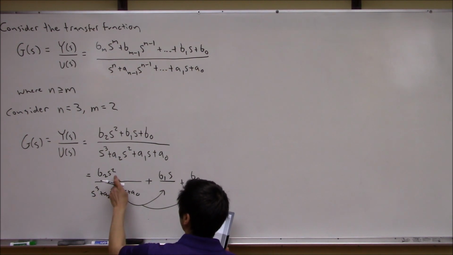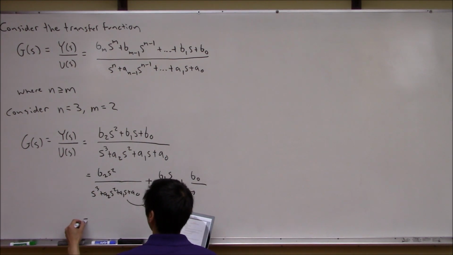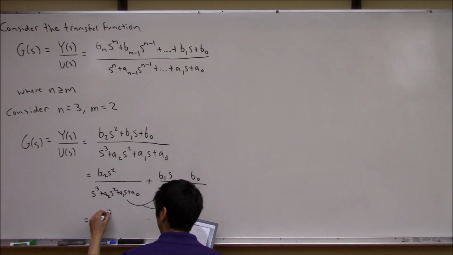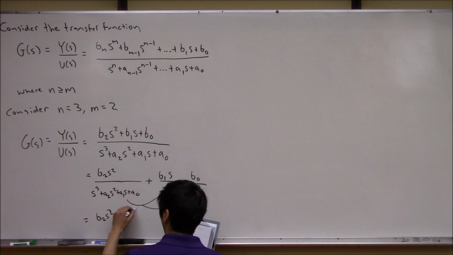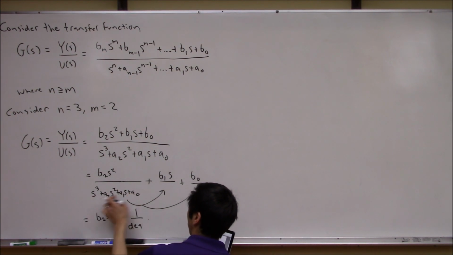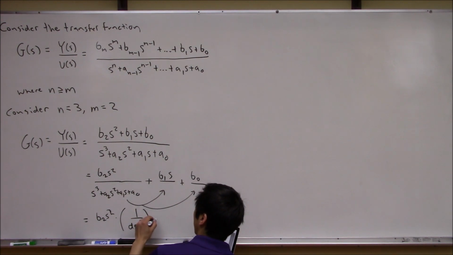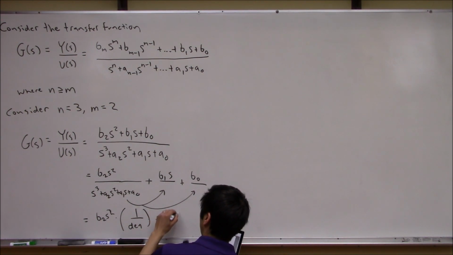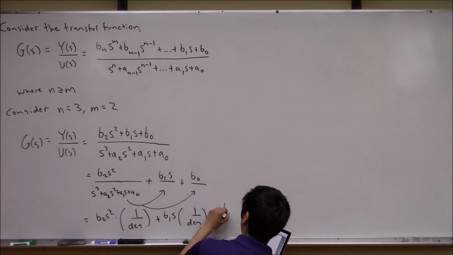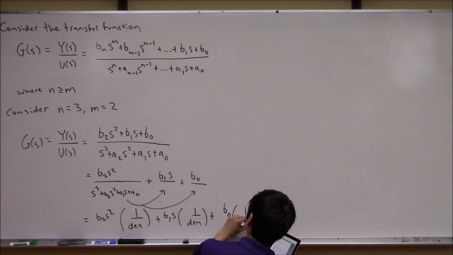We could even take this one step further, and write the numerator outside. So let's write this as b2 s squared times 1 over the denominator, which is just this thing right here. Plus b1 s times 1 over the denominator, plus b0 times 1 over the denominator.